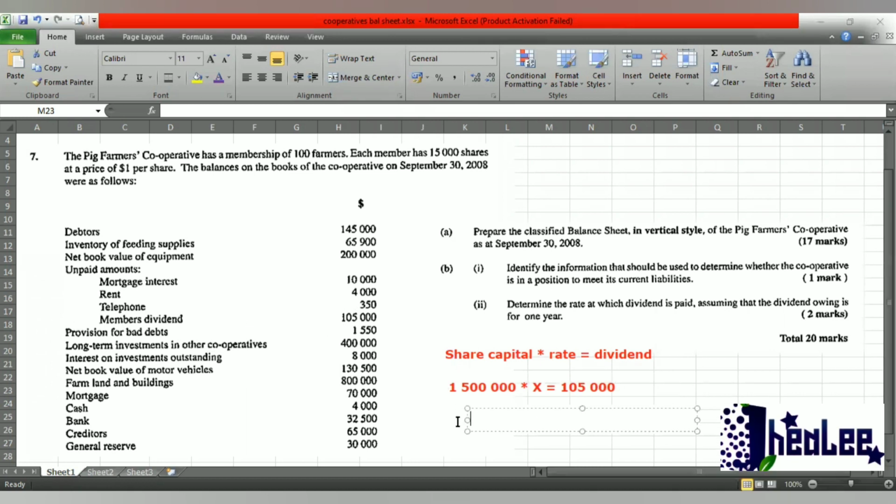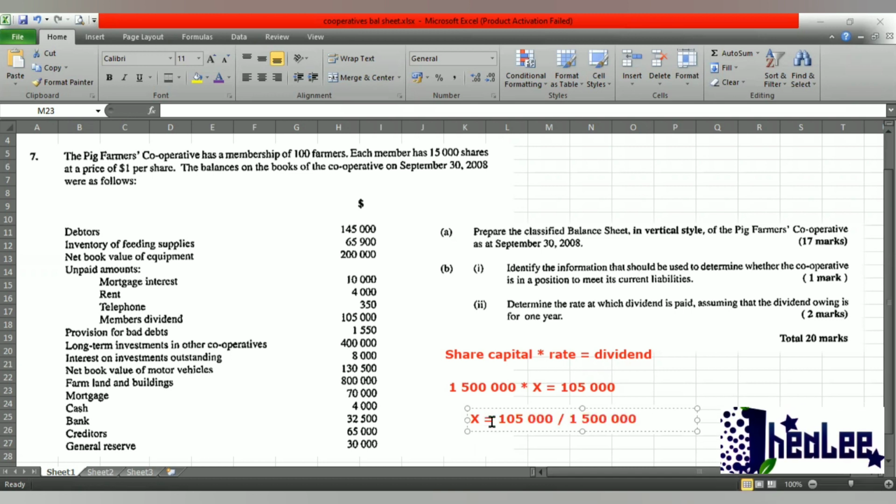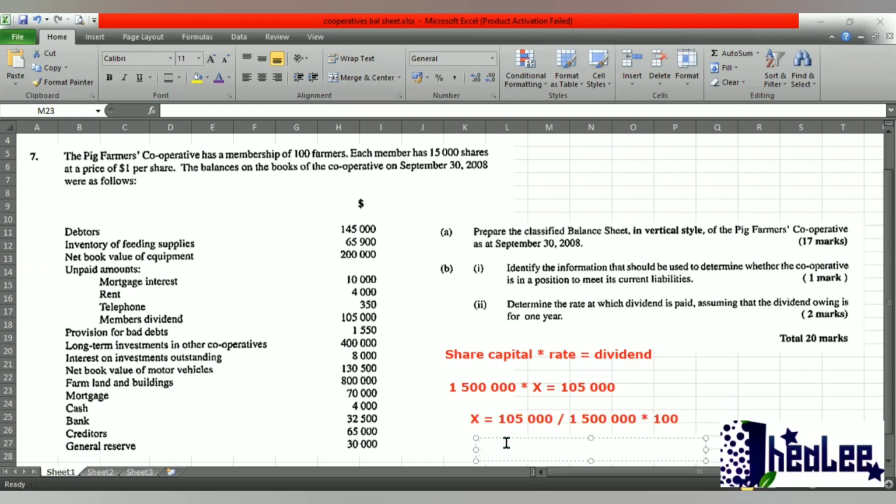Now, in order for us to get X, which would be the dividend rate, that would be equal to the 105,000 divided by the share capital of $1,500,000. And we're going to multiply what we get by 100 to get the percentage rate. And that would give us a value of 7%.